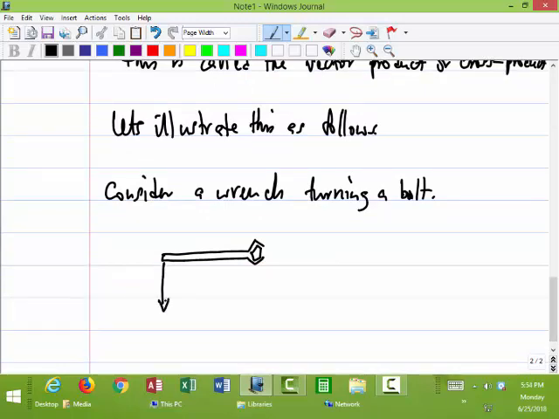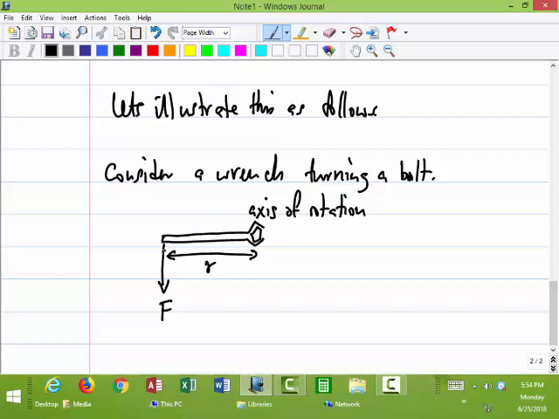Let's say this force acts vertically downwards, F, and the distance from the force to the axis of rotation is the distance R, which is called the lever arm, and the axis of rotation is this axis here. So in this example, the angle is 90 degrees. You can think of the angle as 90 degrees here also.